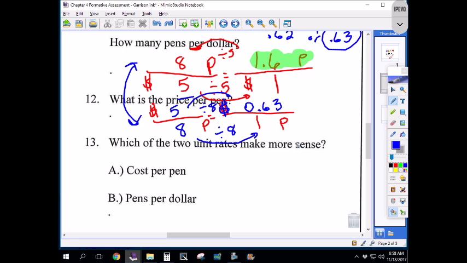You just needed 1. You'd have to come up with 63 cents. Does that make sense? Sure, absolutely. The cost per pen is always going to make more sense because that's the unit price. Because you can always do partial money, okay? You can't always do partial items. Everybody understand that? Yes?